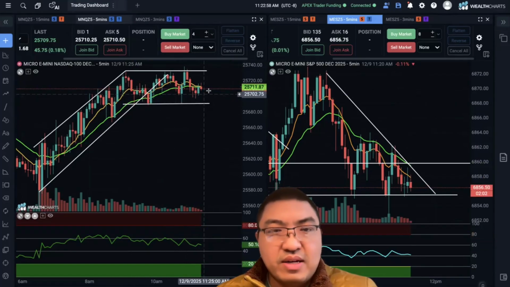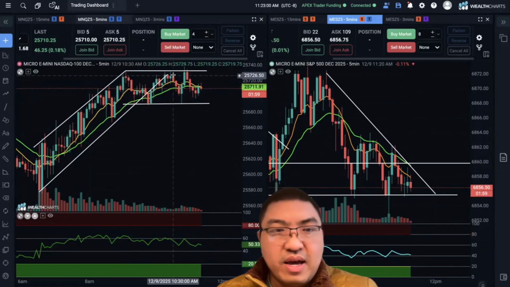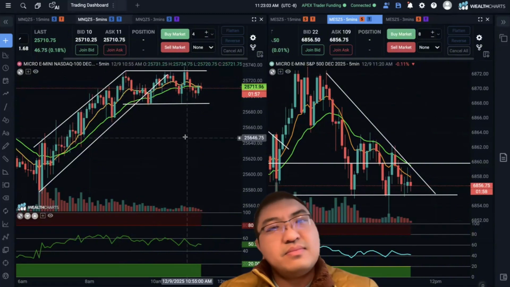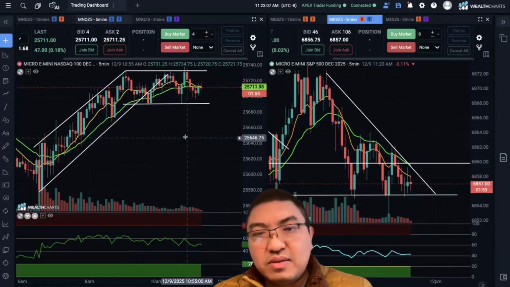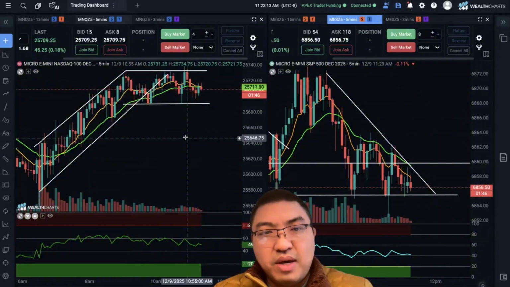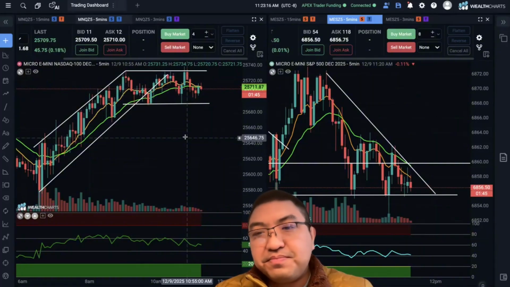Higher low, higher low, higher low, higher high, higher high, higher high. Uptrend. So just wait. We like to see the trend breaker, break of character.